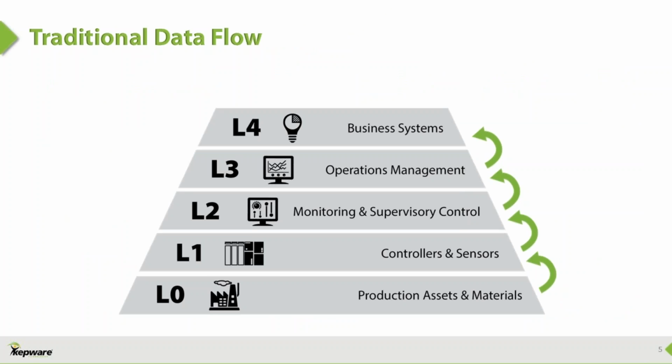And so before we get into all of this, I do want to go back and talk about the traditional data flow. So traditionally in industrial automation markets, data is flowed in what you'll see here.